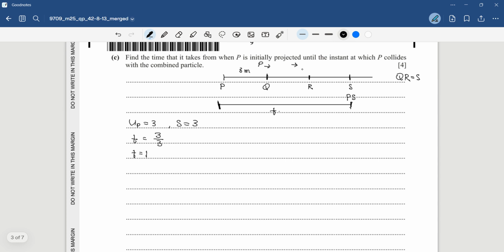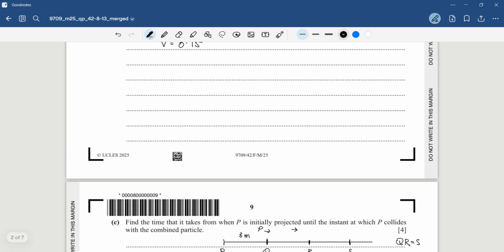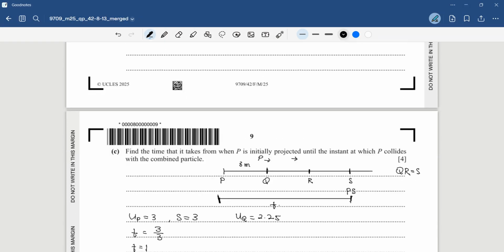When Q hits R, how long does it travel? Okay, what's the duration that they travel? We find that first. The speed of Q just now is 2.25, let me check first. Yeah, 2.25.